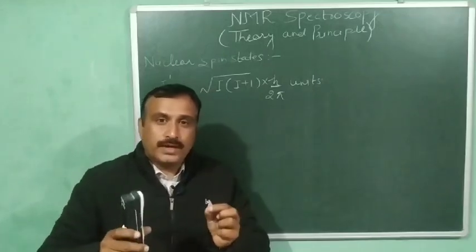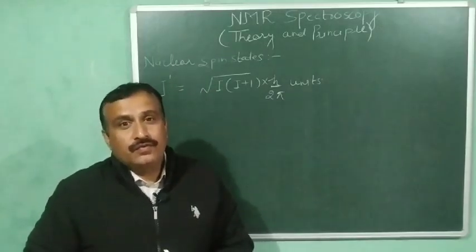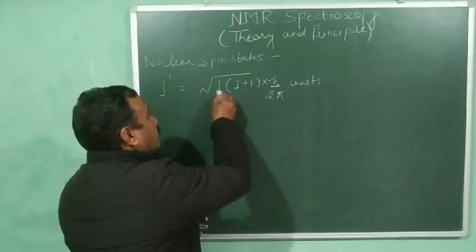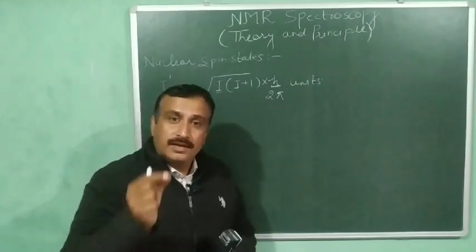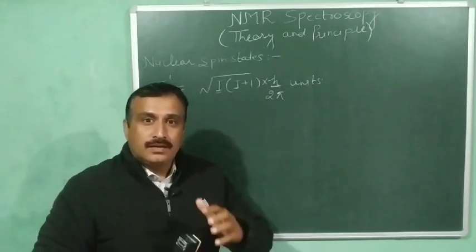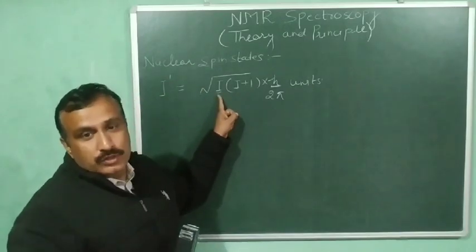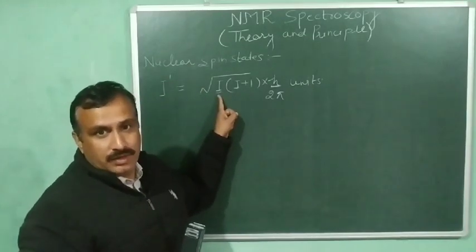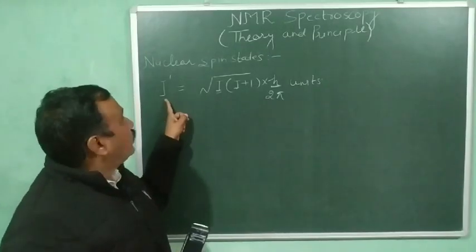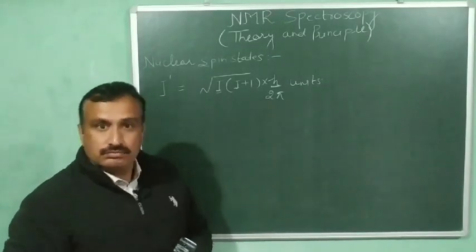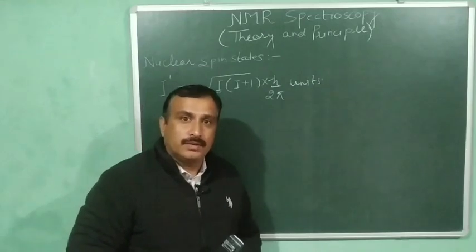Its components will be integral if the value of I, the nuclear spin quantum number, is integral, and half integral if the value of I is half integral, because the value of angular momentum depends upon I.